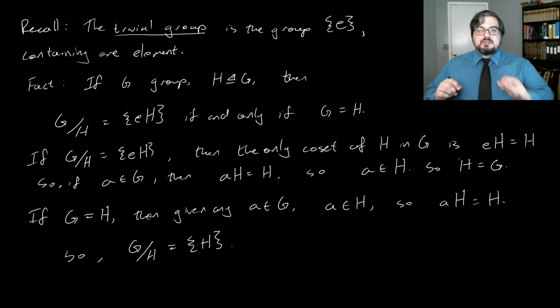All right, now I want to do a slightly more advanced application, which is actually going to be very, very important to our classification of finite abelian groups. So let's look at Theorem 68.